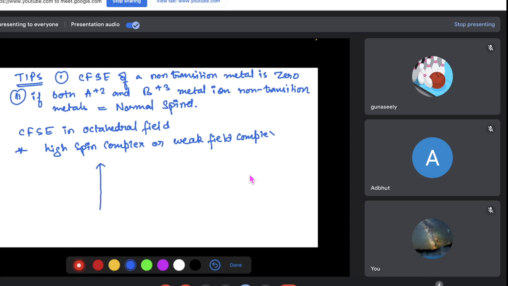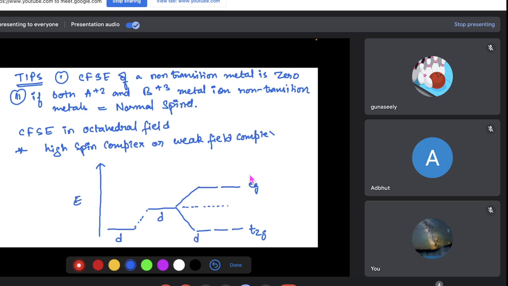So the splitting energy for the d orbital in an octahedral field is like this. This is eg, this is t2g, this is d orbital, this is my energy.